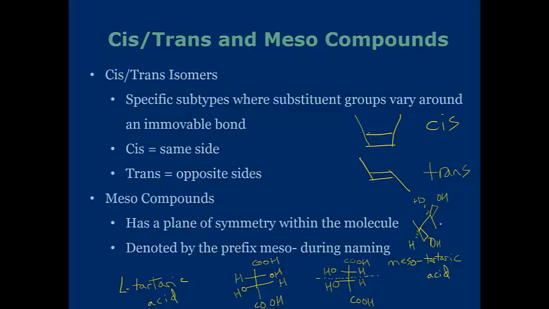So if I were to put this into space, you're going to have something more like this. If I were to look directly down and flatten it out, then I would have this. So this compound right here would be noted as meso tartaric acid.